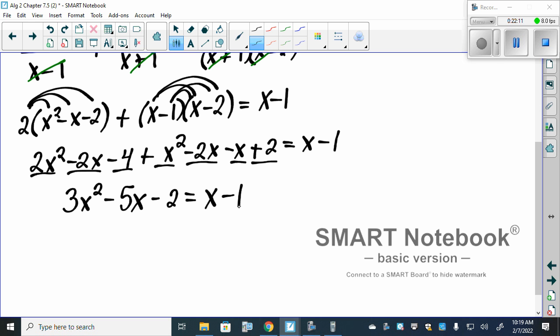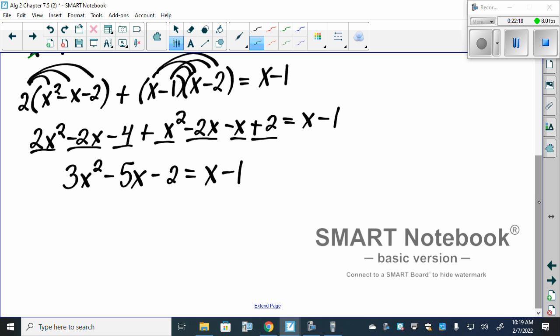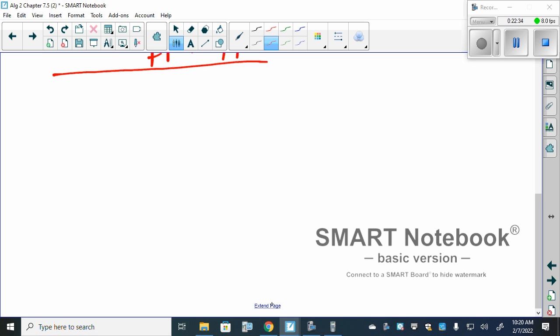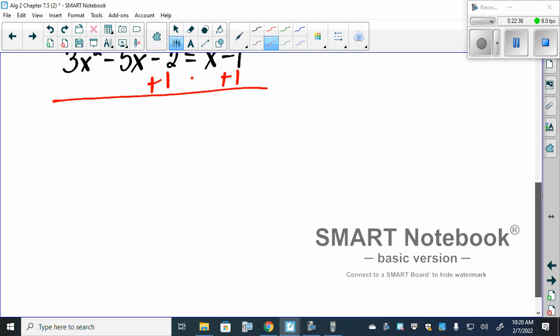Now we still have a quadratic term, our x squared, so we need this equal to 0. So the first thing we can do is, it doesn't really matter, we can not subtract 1, but add 1. And then we would need to subtract the x.